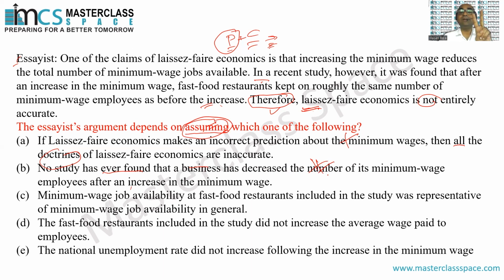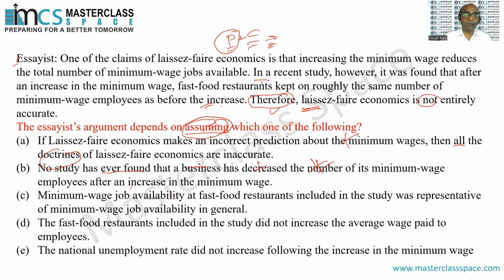So this is called incorrect or unnecessary comparison. Unnecessary comparison means the keywords of the premise are compared with other keywords of the premise. So B out.